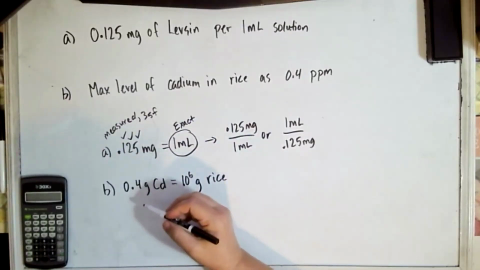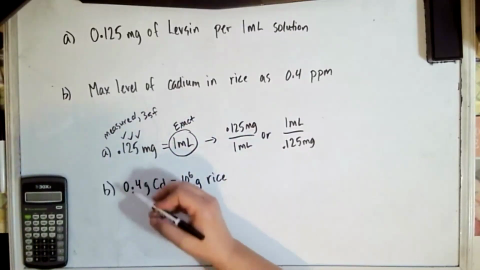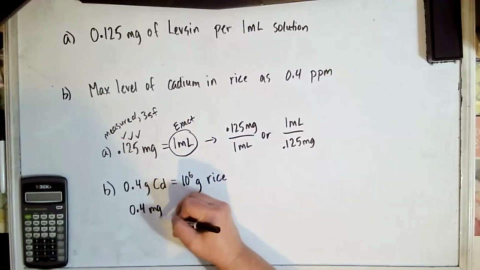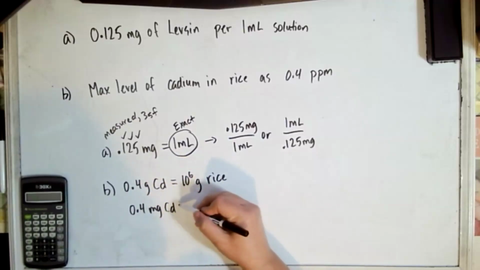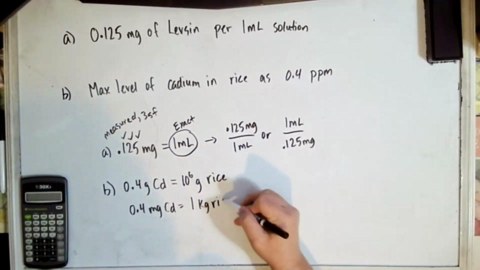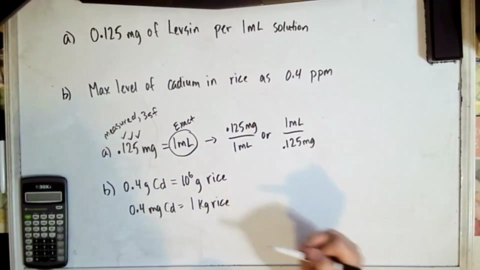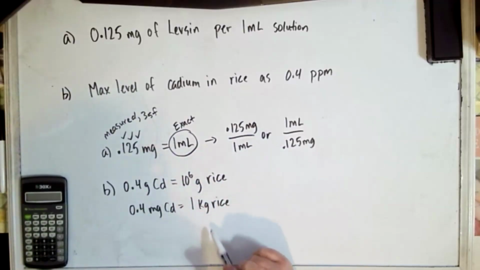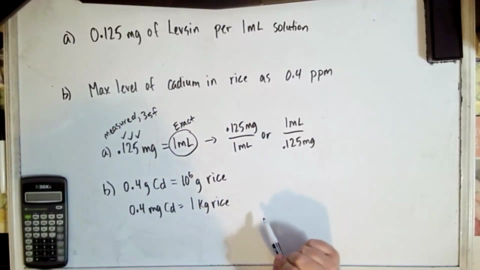But you can also write this as 0.4 milligrams of cadmium in every kilogram of rice. These equal the same thing. They mean the same thing because there's a 6 exponent difference between them in both cases.